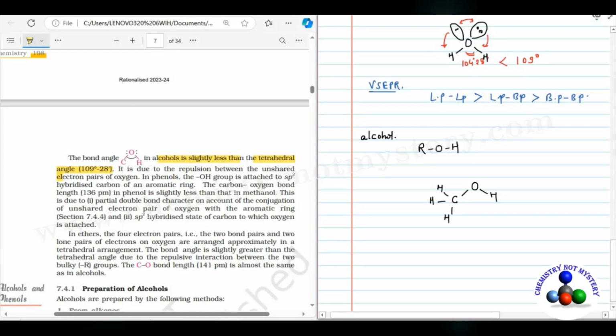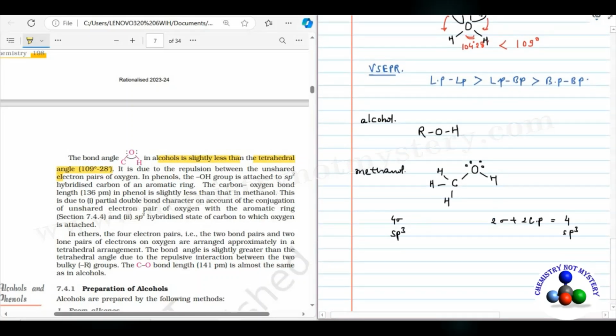So this is the example of methanol. As this carbon has made 4 sigma bonds, this carbon is sp3 hybridized. And now come to the oxygen. As this oxygen has made 2 sigma bonds and there are 2 lone pairs, the sum is 4, which means this oxygen is also sp3 hybridized.